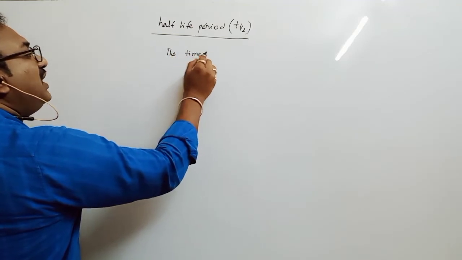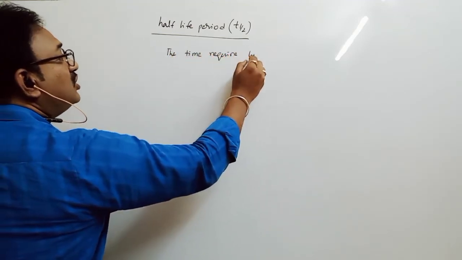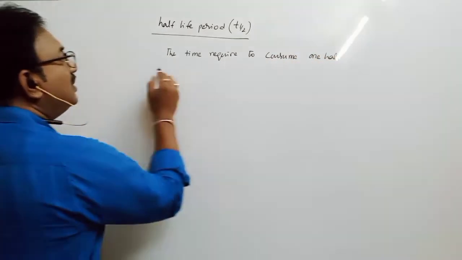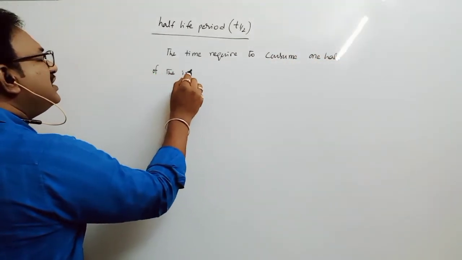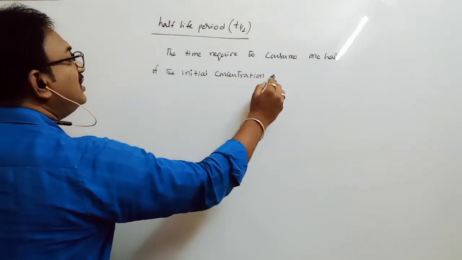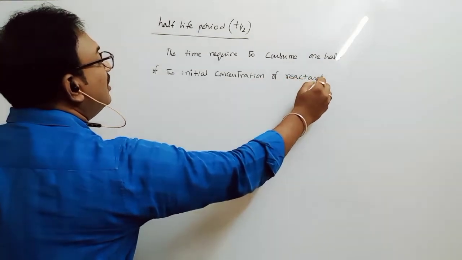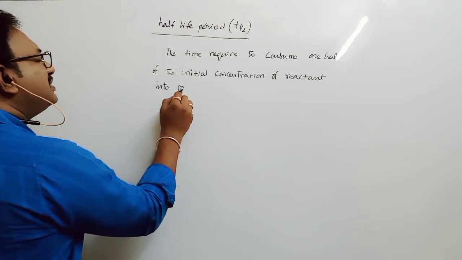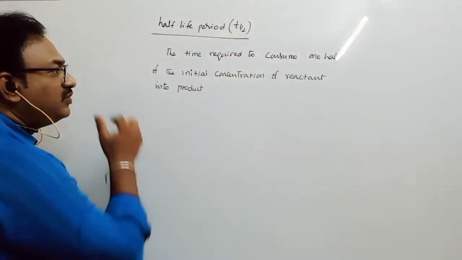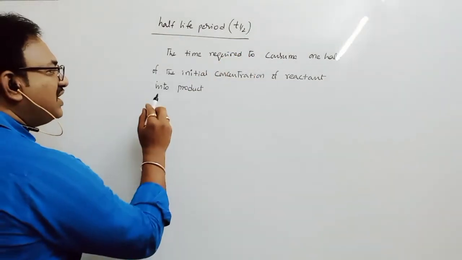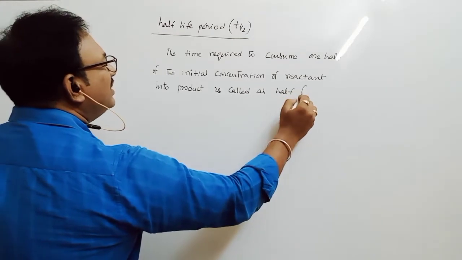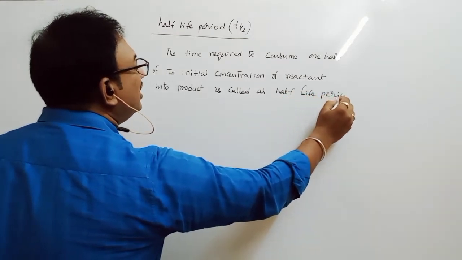See, the time required to consume one half of the initial concentration of a reactant into product is called a half-life period, or also called half-time period.